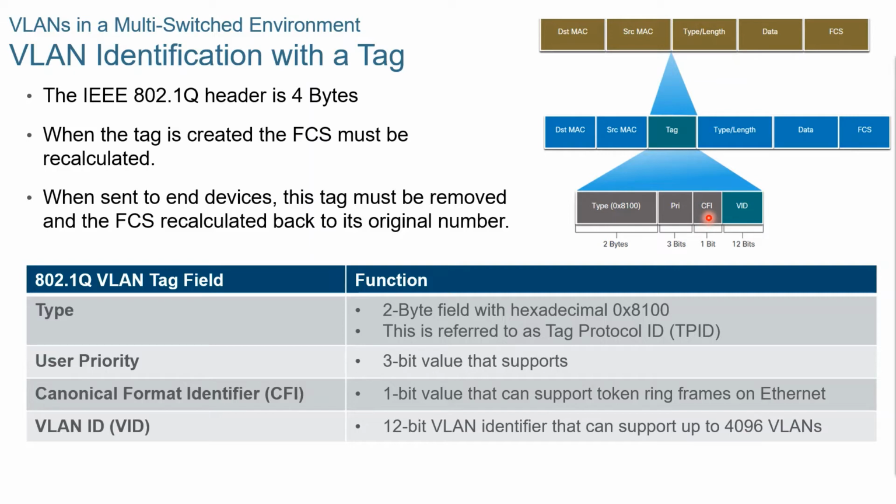CFI is a 1-bit identifier that enables Token Ring frames to be carried across the Ethernet links. And the last one here is the VID, or the VLAN ID. This is a 12-bit VLAN identification number that supports up to 4096 VLAN IDs. After the switch inserts the tag control information fields, it recalculates the frame check sequence, or FCS, values and inserts the new FCS into the frame.